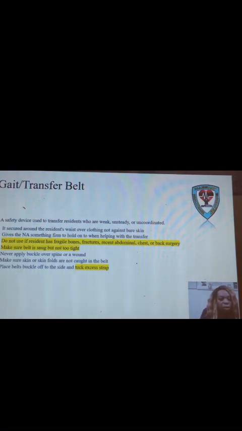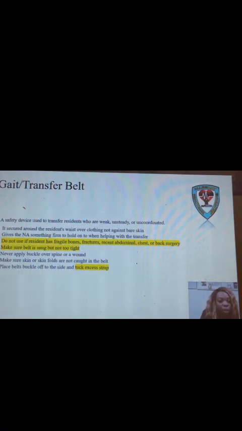You don't want to use a gait belt if a resident has fragile bones, fractures, recent abdominal surgery, or chest surgery, or if they've had a back injury. You want to make sure that the gait belt, once it is applied, is snug, but not too tight. You never want to apply a buckle over the spine or a wound.